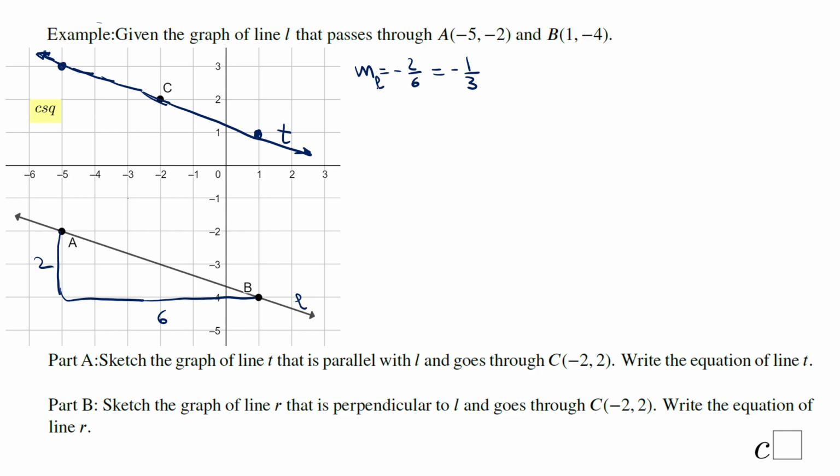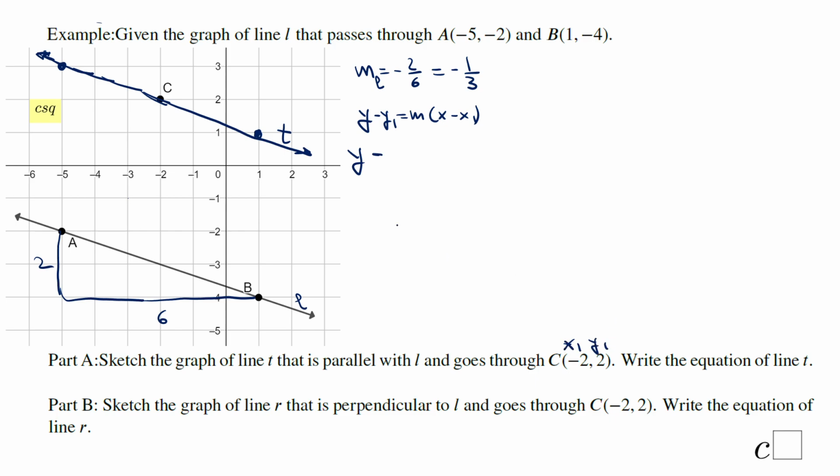And the next thing is how to write the equation. Now we're going to use that point slope form, y minus y1 equals m times x minus x1. And we have y minus, remember the point C is right here, and this is x1 and this is y1.